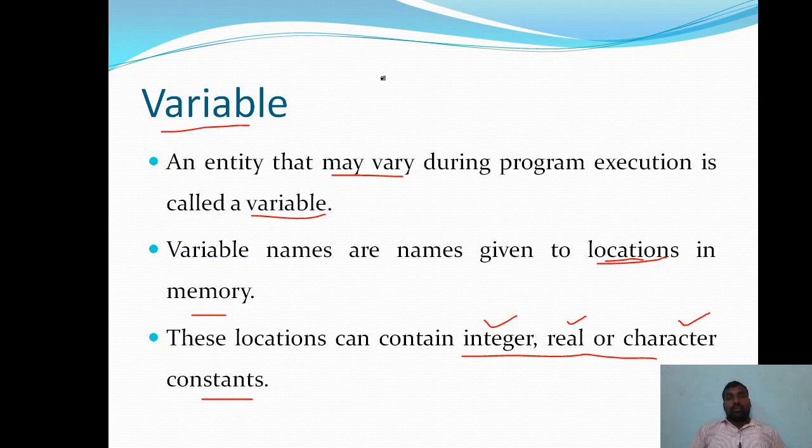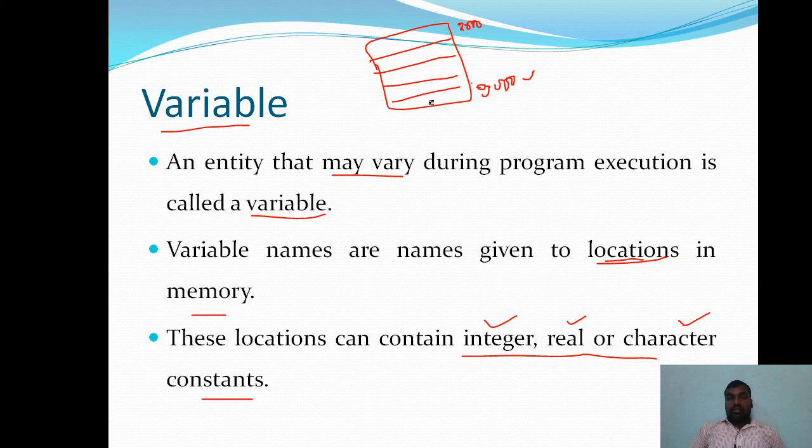The computer memory is divided into several locations. An individual location is identified with the help of some address, say 2000, and for example 9000. So this is the location of address 9000. In this way, the entire memory is divided into different blocks, and it is not easy to remember all these addresses.